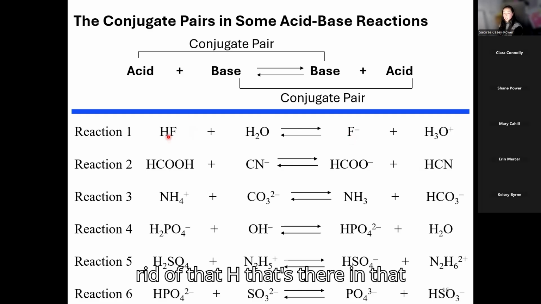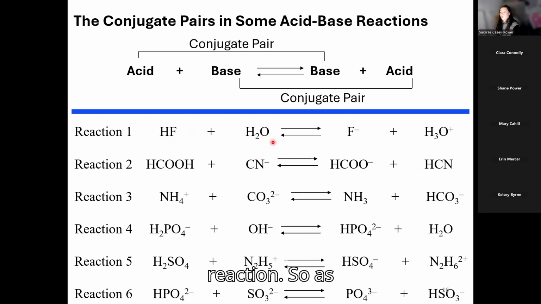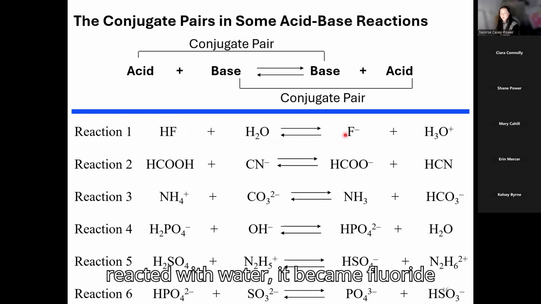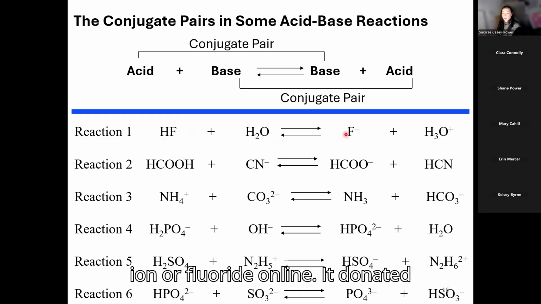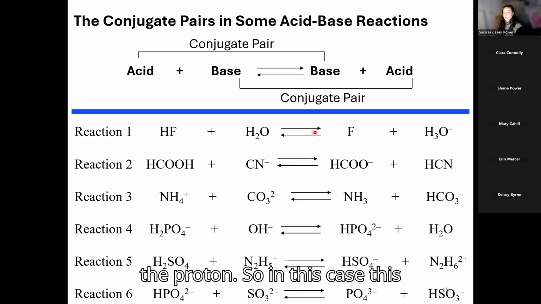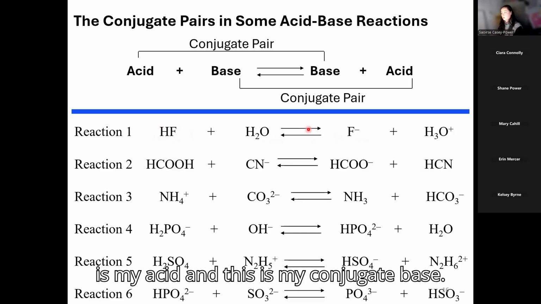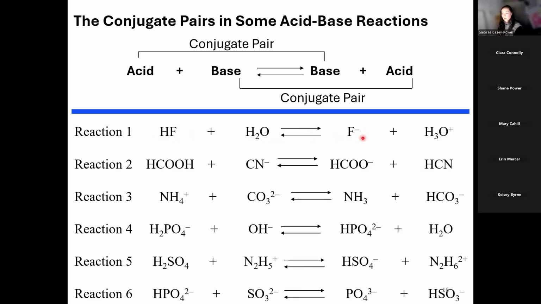It got rid of that H in that reaction. As it passed over and reacted with water, it became the fluoride ion, or fluoride anion. It donated the proton. So in this case, this is my acid and this is my conjugate base.